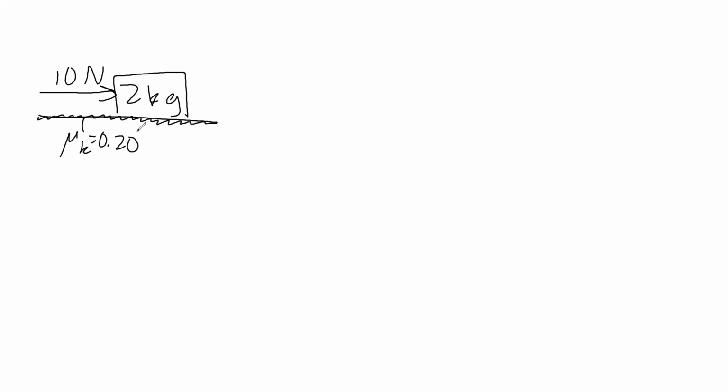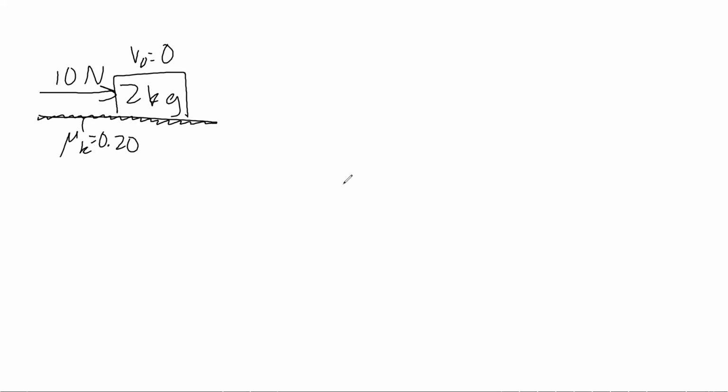Okay, so we have a coefficient of kinetic friction of 0.2 for the surface with the block, typically like wood on wood, hovers around this coefficient, and we have a 10 Newton force pushing it to the right. Let's say its initial velocity is 0, just so we can determine the direction of the friction force. Because if you remember, the cross product between friction and velocity has to be 0, and their dot product has to be negative.